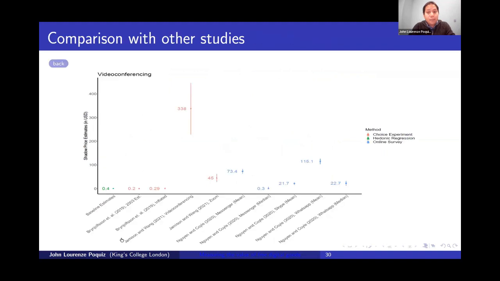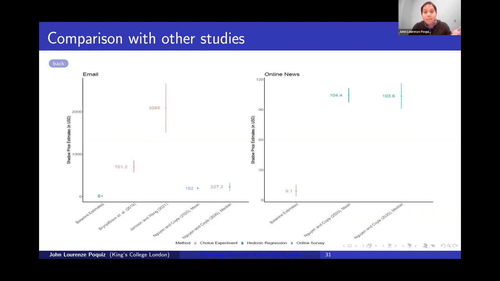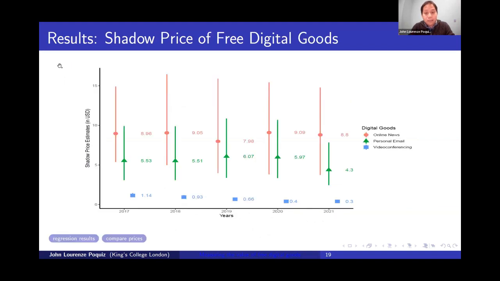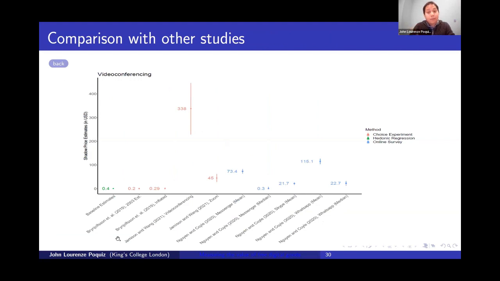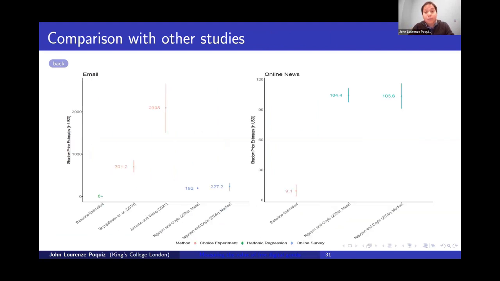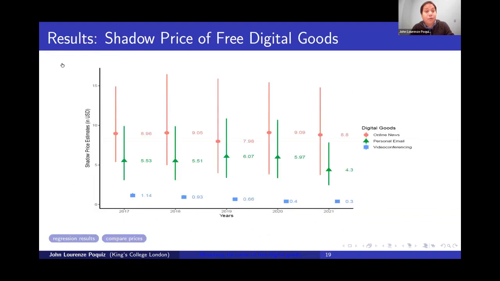If we compare our results to the estimates from willingness to accept experiments, generally we find that our estimates are substantially lower than what they get from willingness to accept studies and surveys for these goods and services.